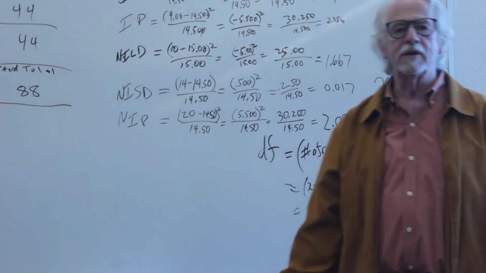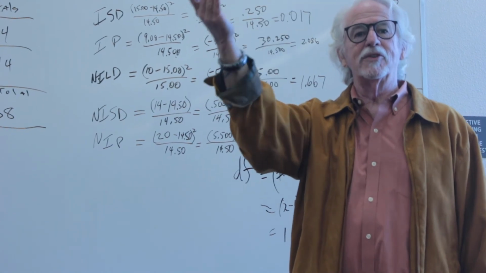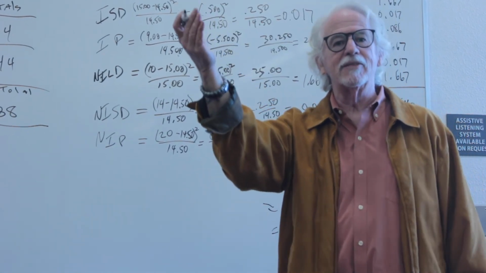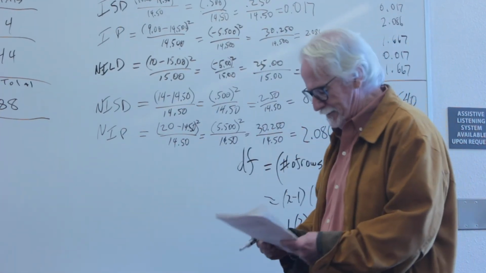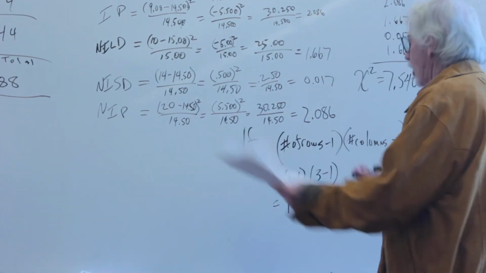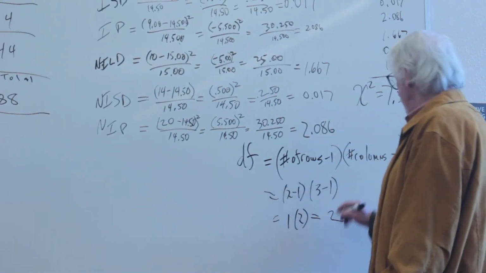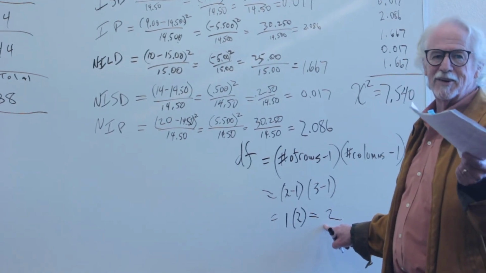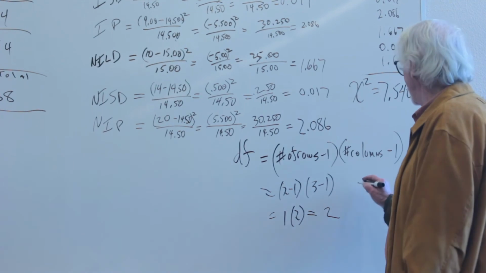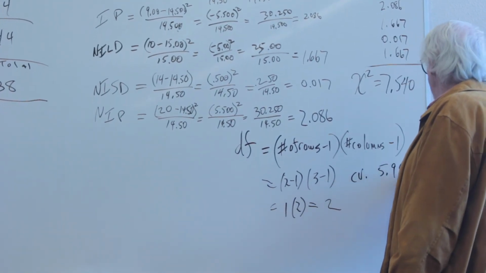So you go to table 11, you look down the first column to number 2, and you move across to the 0.05 level. We already know from our past one-way chi-square, the degree of freedom was the same, so we already know our critical value was 5.991.